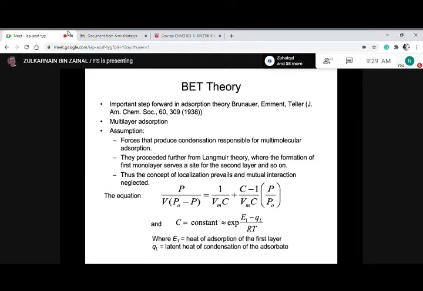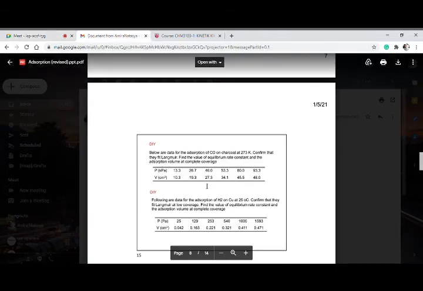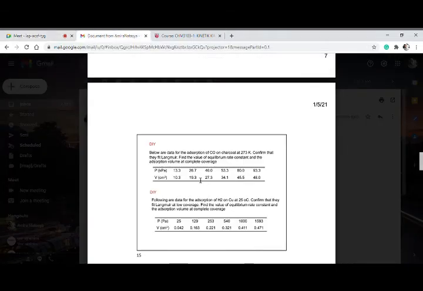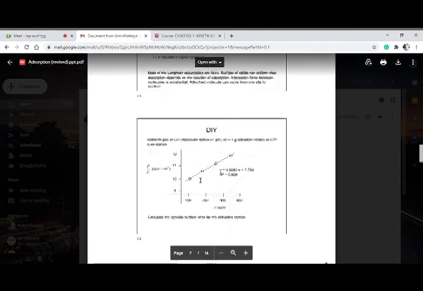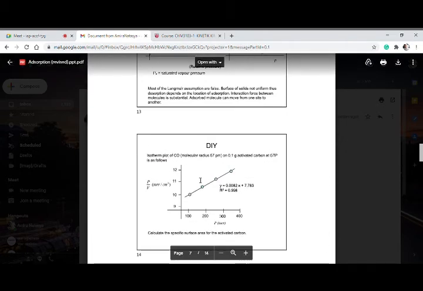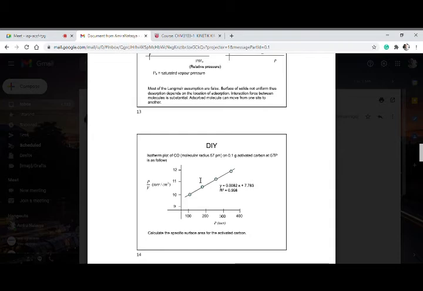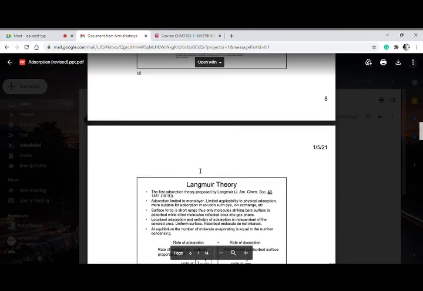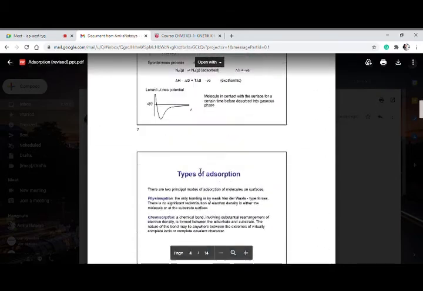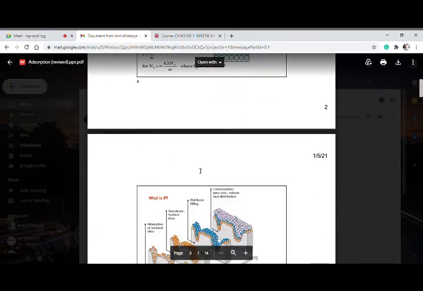The equation involved is quite difficult in the derivation, of course, so only the final equation is given here. You can see the equation is more complex compared to the Langmuir theory, because the assumption made is that the adsorption is not by monolayer, but by multi-layer.